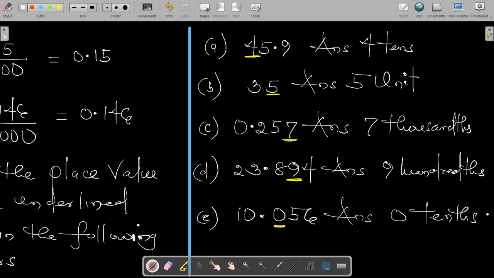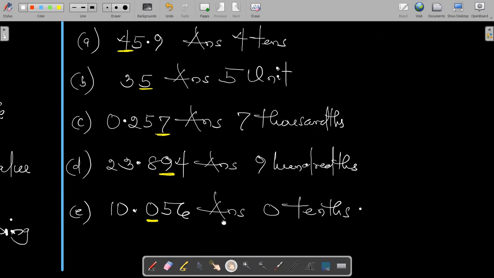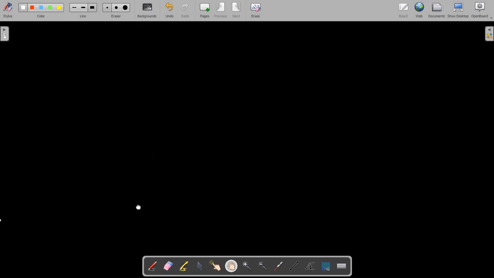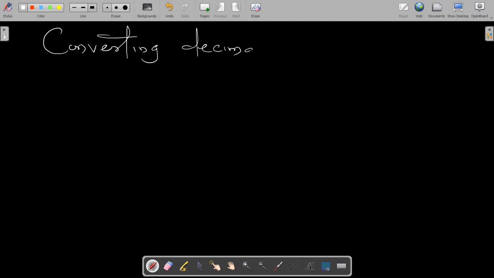So let's move on to how to convert decimal fraction to fraction. Let's move on to the other side of the board. So I will say converting decimals to fractions.